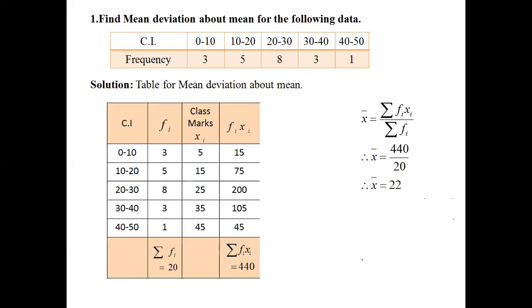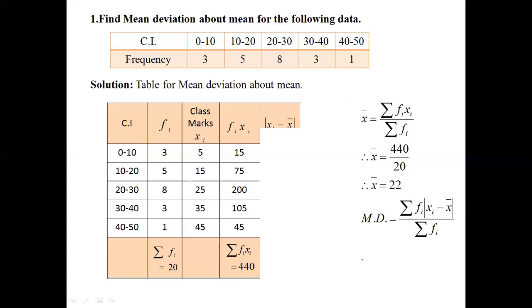Now we have to find the mean deviation. The formula is summation of fi into mod of xi minus x bar upon summation of fi. As per this formula, now we have to find mod of xi minus x bar.